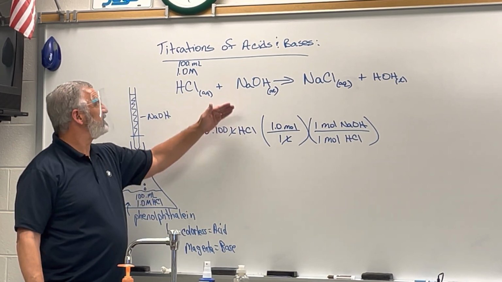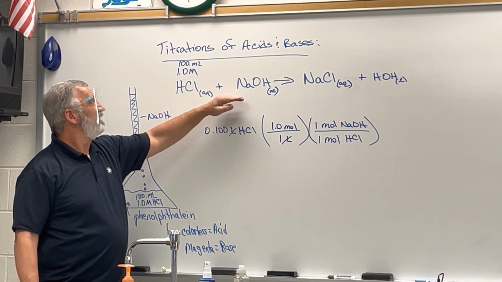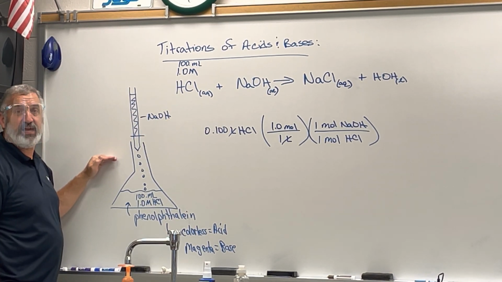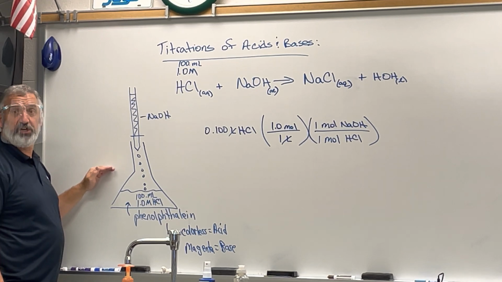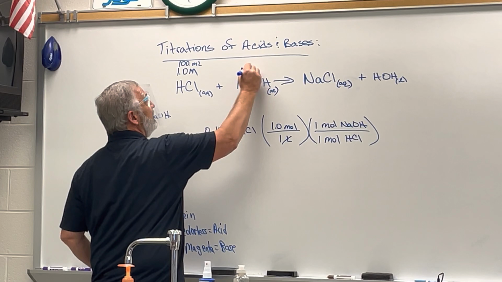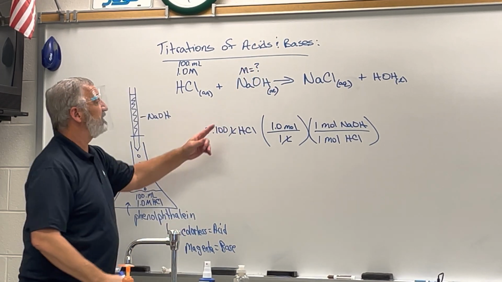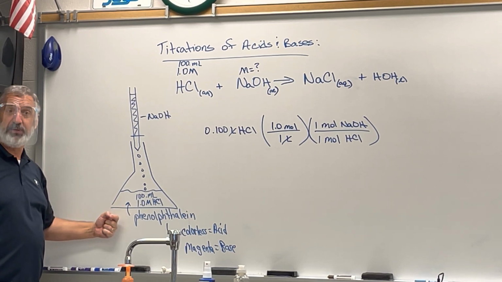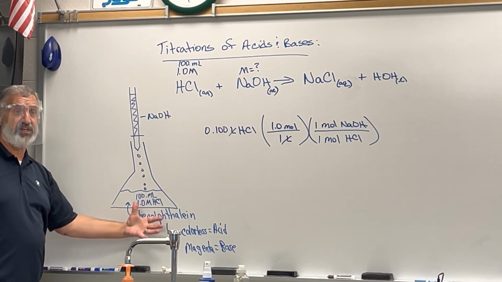Then you would ask, how many milliliters? I'm going to measure how many milliliters it takes for it to change color, and I'm able to determine the molarity by knowing the exact volume that it took. We're assuming 1 drop causes the color to change.